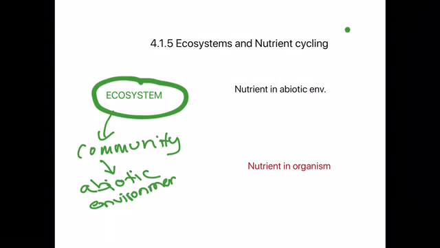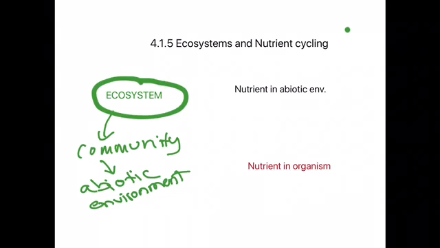The abiotic environment means all of those things that are non-living, such as the temperature of the environment, perhaps the soil quality, wind, humidity, all of those things. And these two things interacting with each other form an ecosystem.